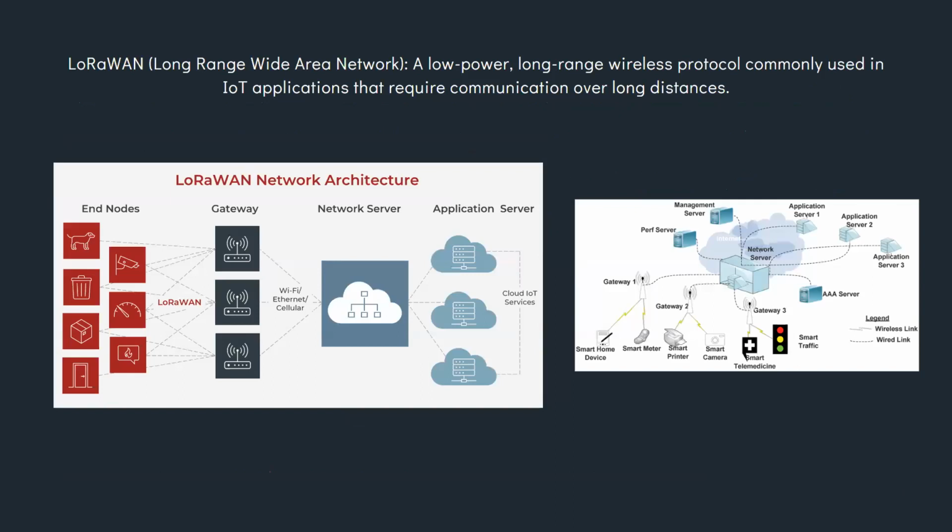Next, we have another communication protocol known as LoRaWAN, the LoRa long-range wide area network. This long-range wide area network, which is based on LoRa technology, is a low-power, long-range wireless protocol commonly used in IoT applications.